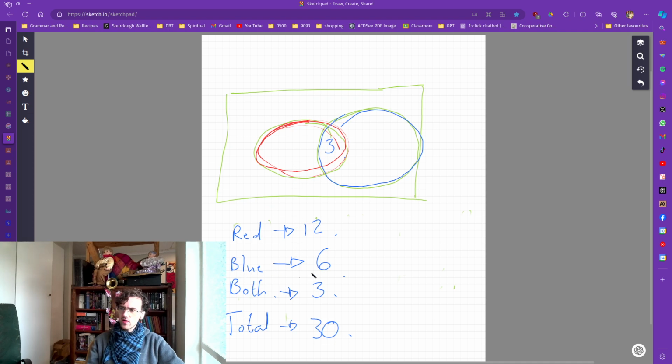But now I've only got 6 people who like blue, so I'm going to take my 6 minus 3, which gives me 3 people. 3 people plus 3 people gives me my total of 6. Red is 12 minus 3, which is 9 people like red. And my total is 30. So I've got 9, 10, 11, 12, 13, 14, 15. So then I've got 15 people out here who like neither. And so that's my basic Venn diagram.